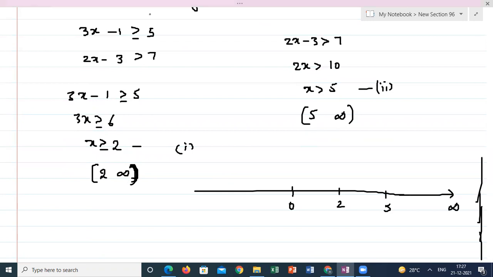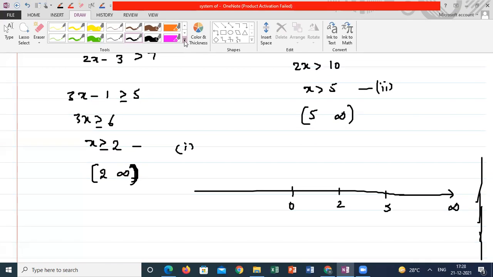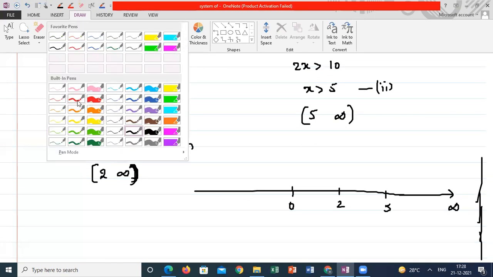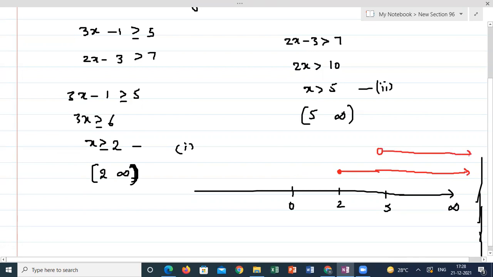So how can we identify? Here it is a little bit simple to identify. Straight away you can say the first solution is 2 closed interval up to infinity. The second one is 5 open interval up to infinity.